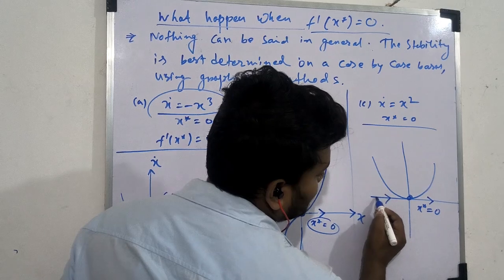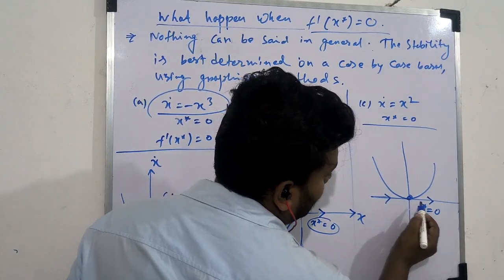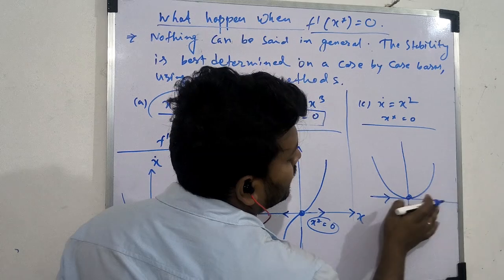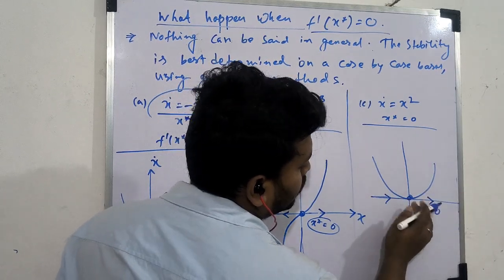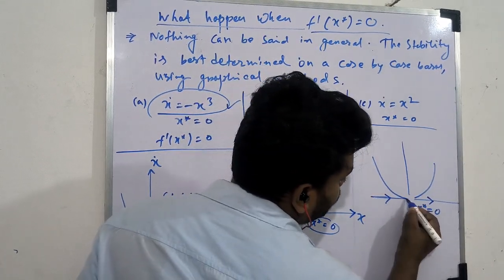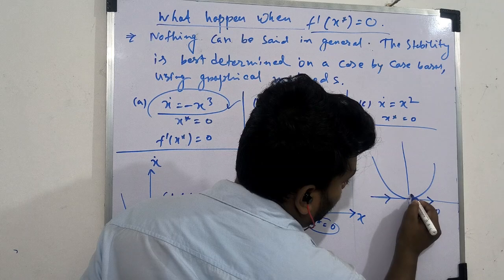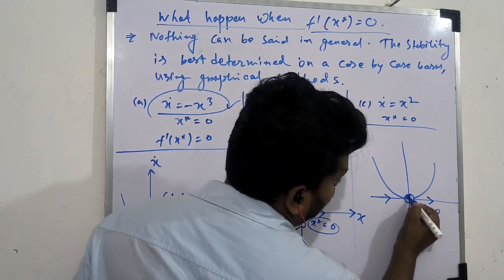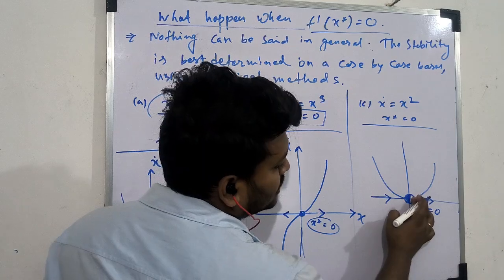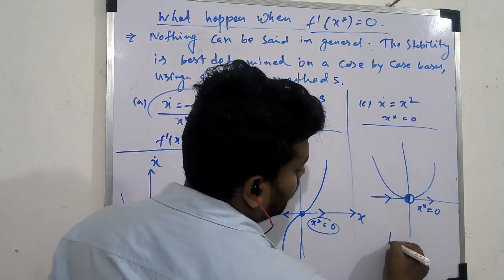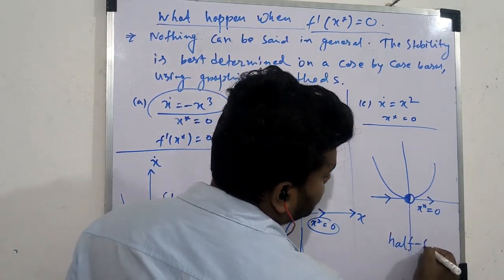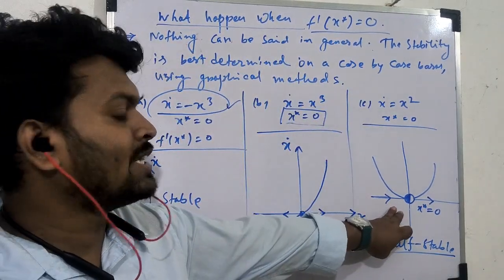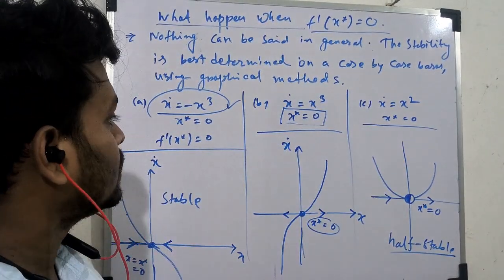Therefore, from this side it approaches the equilibrium, and from this side it moves away from the equilibrium point. So if we write it in a zoomed version, this portion will be the stable portion and this will be the unstable portion. Therefore you can call it half stable.